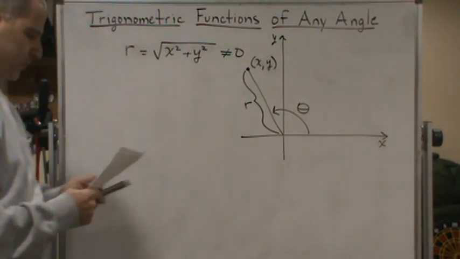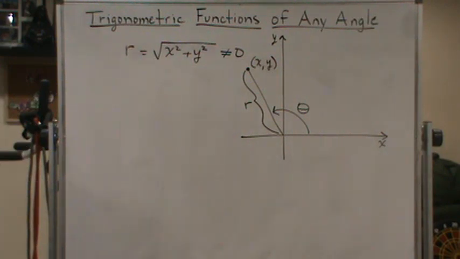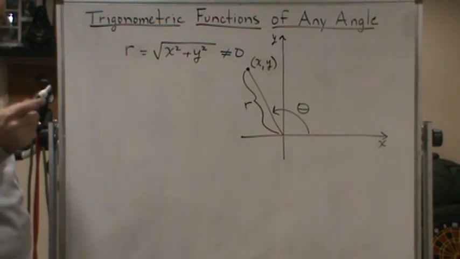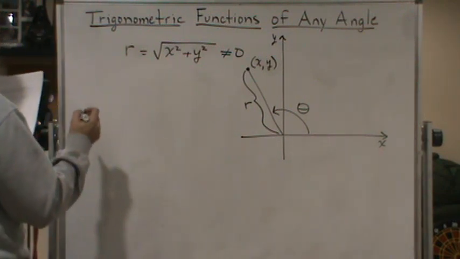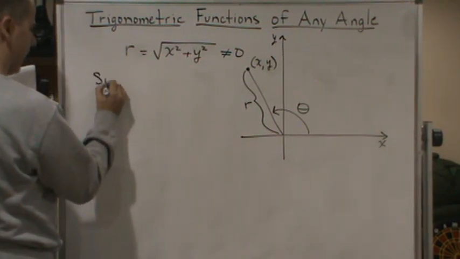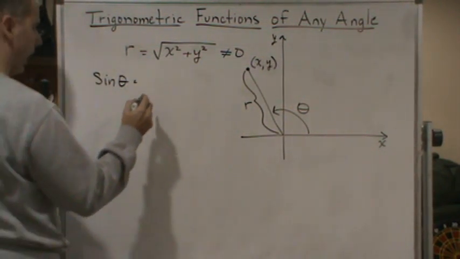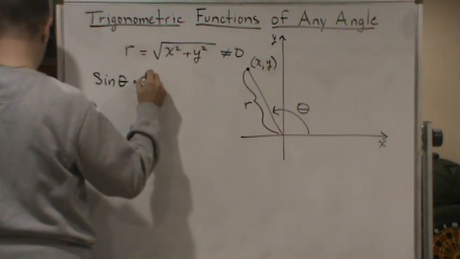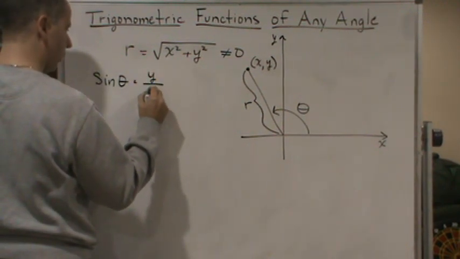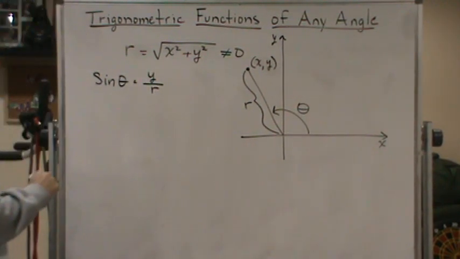Now, with this in mind, here is how we're going to define all of the trigonometric functions. Some of these are going to look familiar based on our earlier discussions on the unit circle. Sine of theta is going to equal y over r, so y divided by r.